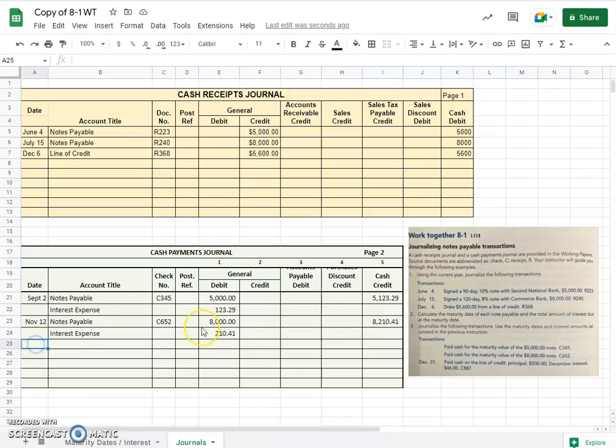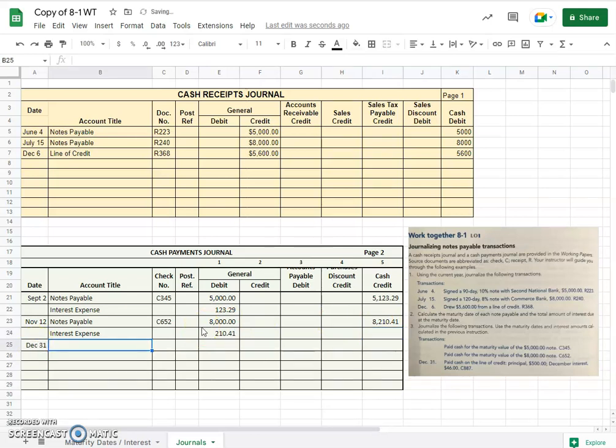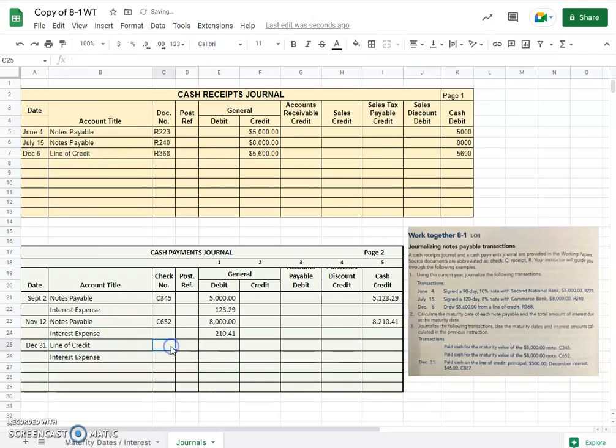And now on December the 31st, we paid cash on the line of credit, principal $500, December's interest $46. This one is going to be line of credit. We'll have to debit that, and we'll have interest expense. And this one is check number 887, I think is what it says.